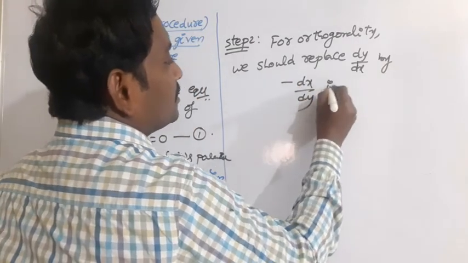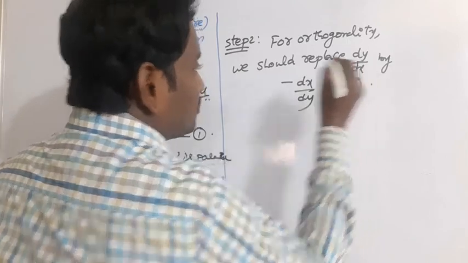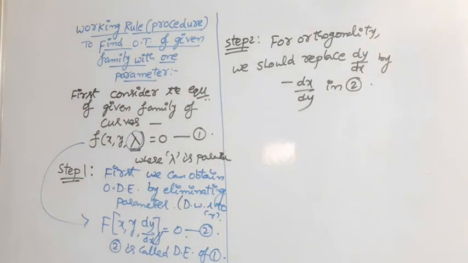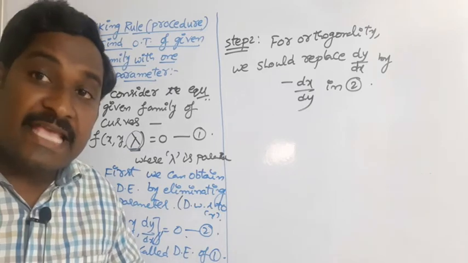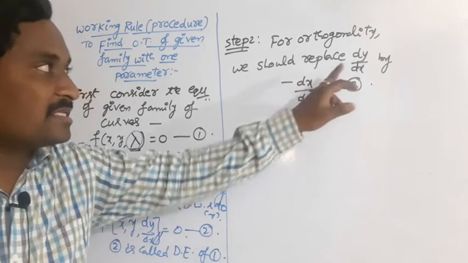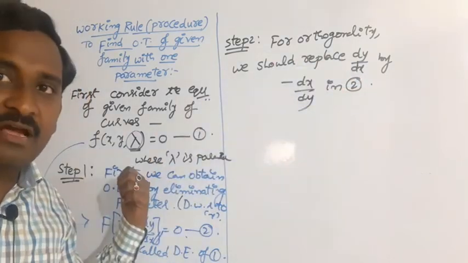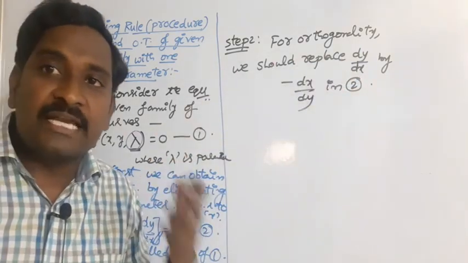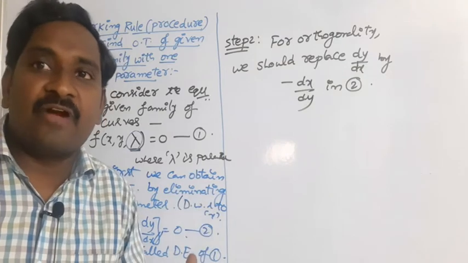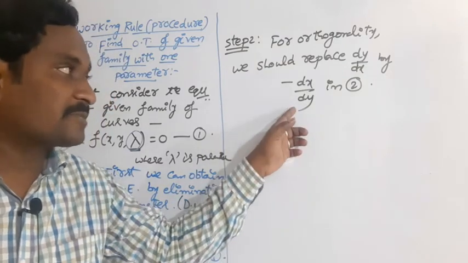Here I fixed that the slope of the required orthogonal trajectory is minus dx by dy, because dy by dx is the slope of the given curve, and the slope of the required orthogonal trajectory is minus dx by dy.